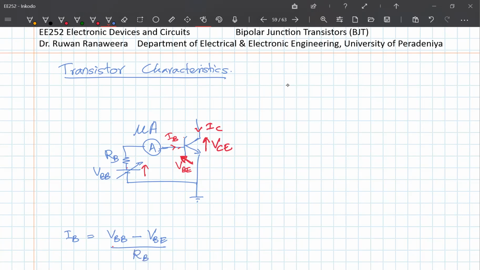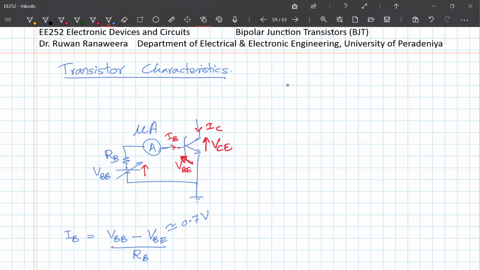But we know that when it is conducting, VBE is about 0.7 volts. It doesn't change. So now we adjust VBB and fix it. Since VBB is constant, VBE is constant, and RB is constant, IB is not going to change.